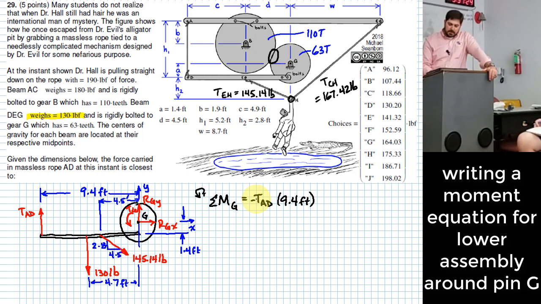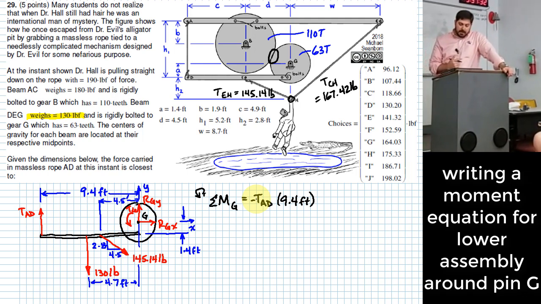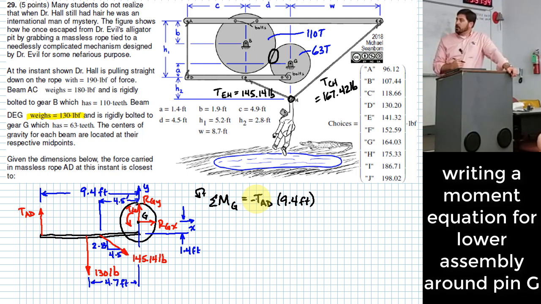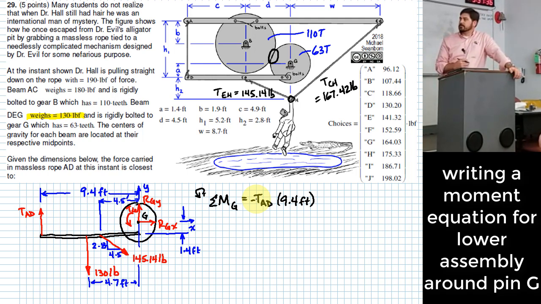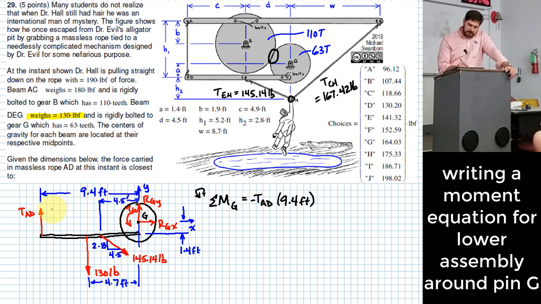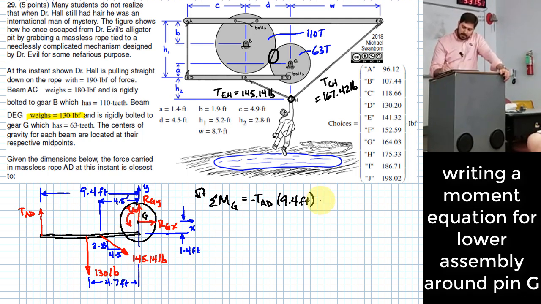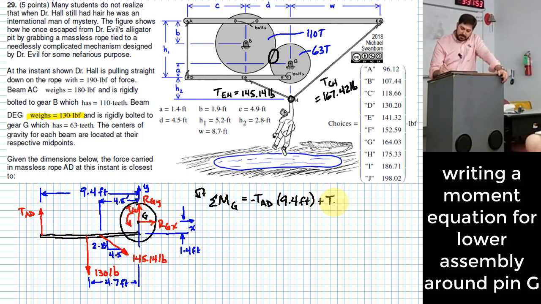Okay, good so far. What else creates a tendency to rotate around point G? Okay, the weight of the beam certainly does. Let's think, is there anything unknown that would create a tendency to rotate around point G? Okay, TG creates a counterclockwise tendency to rotate around G. So I say plus TG.